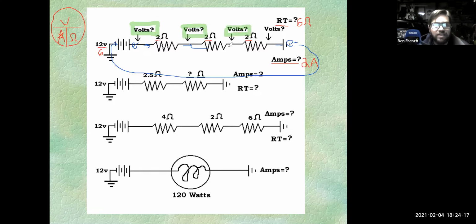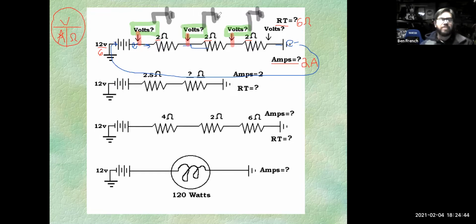And how am I hooking it up? Well, I'm going to take the positive lead and I'm going to go right here, right there, and right there. And I'll take the negative lead, and it's going to ground, going to ground, going to ground.